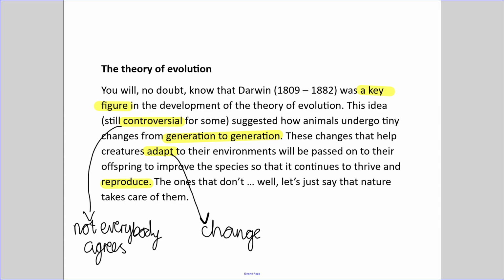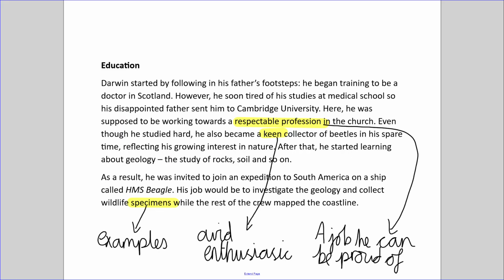I'm having a look in here. I'm skimming and scanning. Can I see anything about spare time or hobbies? No, I can't. So I'm going to move on to the next paragraph. Again, I'm skimming and scanning. Can I see anything about spare time or hobbies? Aha! I've found similar keywords. In fact, I think they're the same: in his spare time.